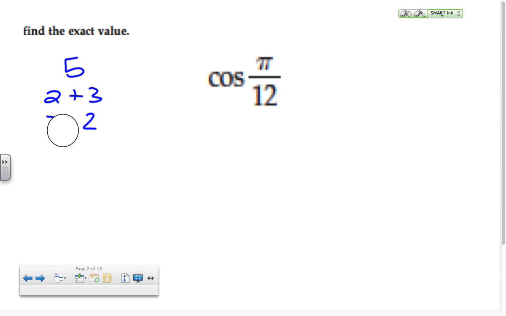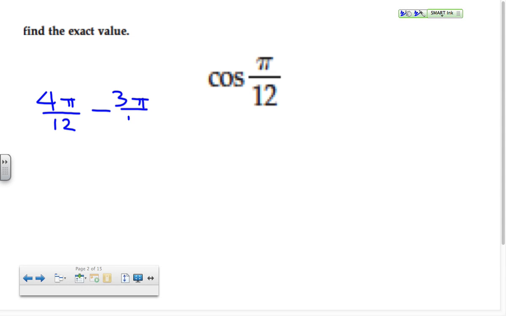The problem with fractions is that you have to have common denominators. So with this one, I'm going to rewrite it, and just bear with me for a second. You may have to think for a little bit on how you're going to get what you need. I'm going to do 4 pi over 12 minus 3 pi over 12. Think for a second about why this is the same thing. 4 minus 3 is 1.